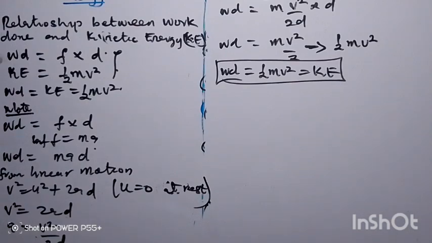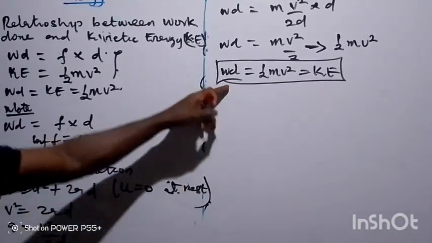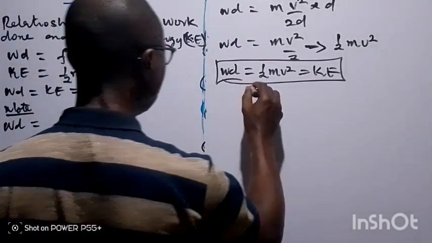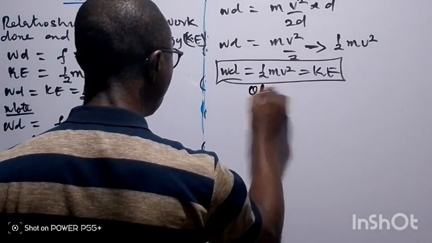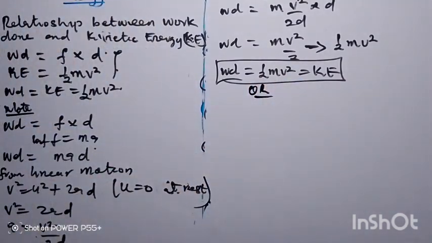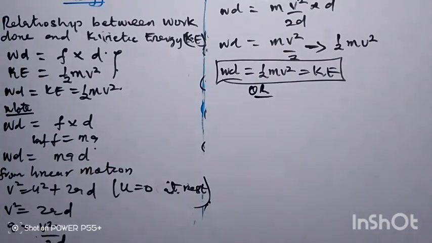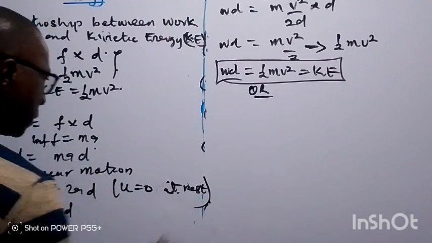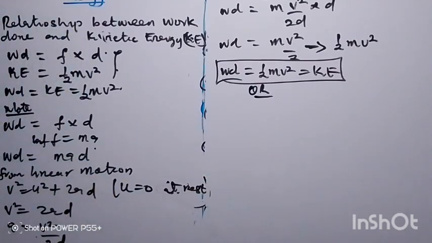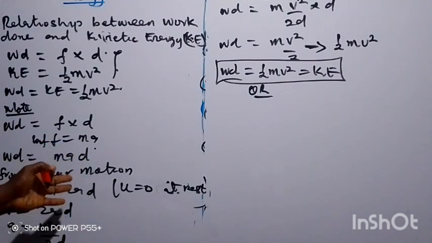Or in another way, another method of deriving this formula or relationship between work done and kinetic energy. So you can use this method depending on the question given to you. But mind you, in calculation, you may come across all these formulas and you need to apply them.